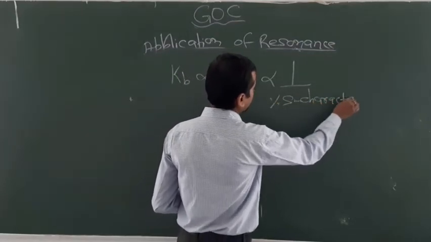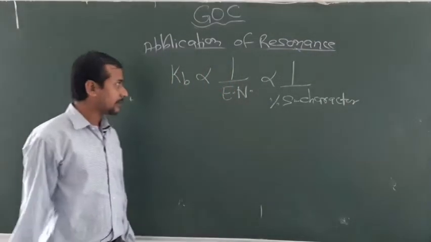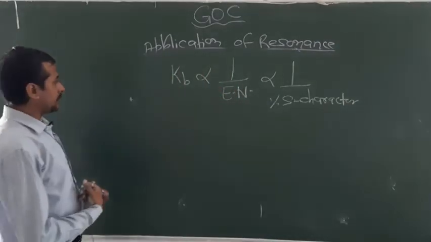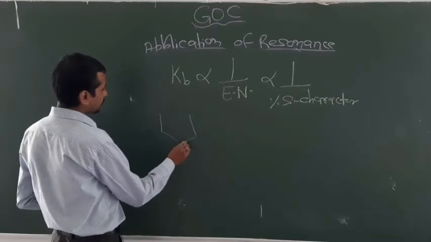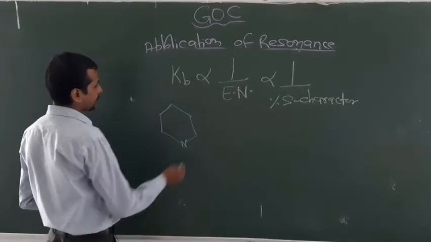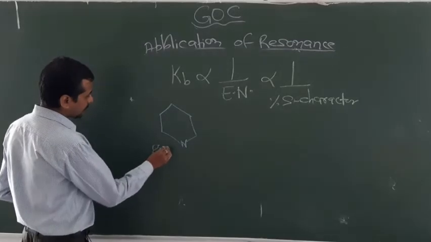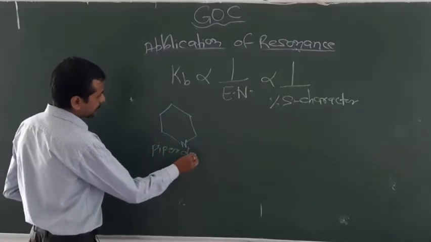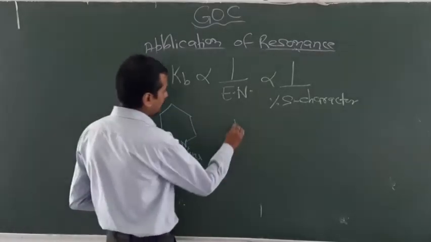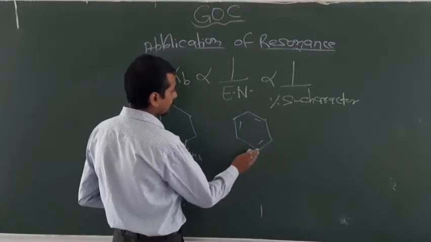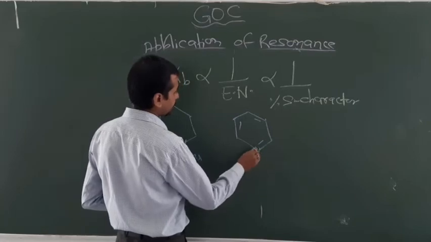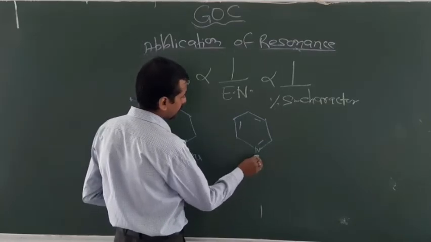That is, the more the percentage S character, the less the basicity. Look at the example. One question is given to you like this. This is known as piperidine, and one is given a pyridine.